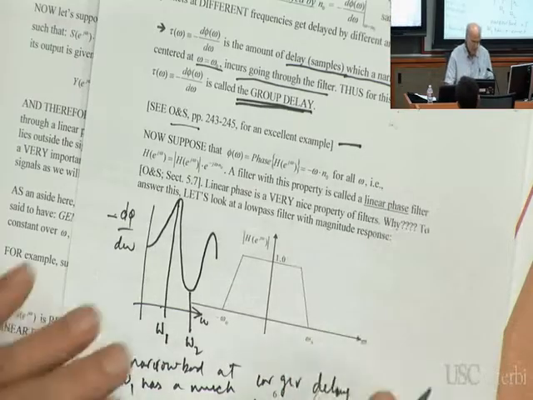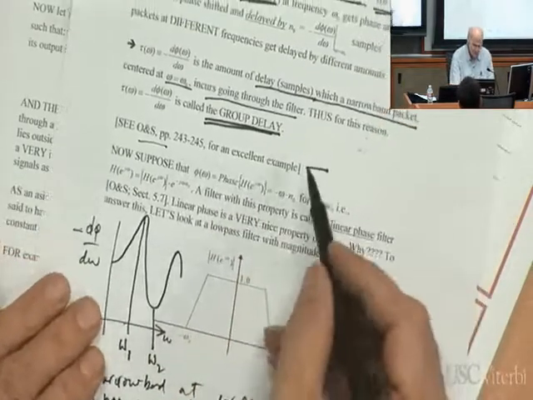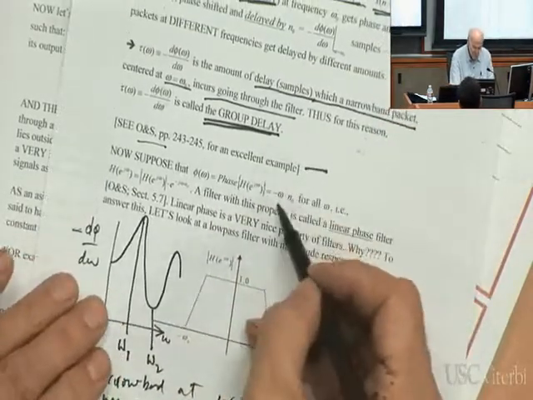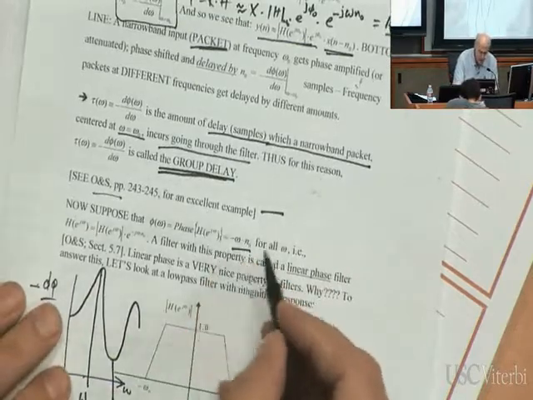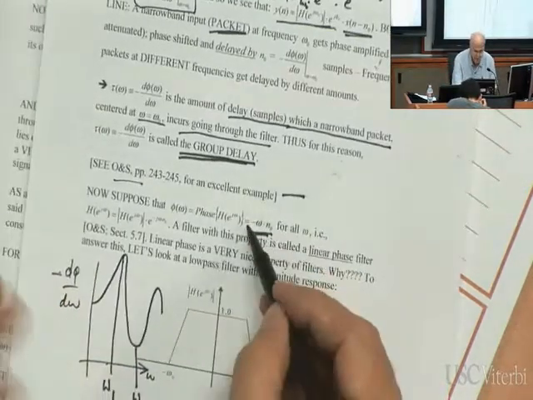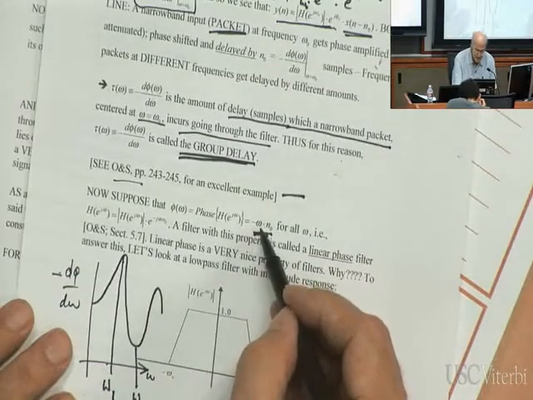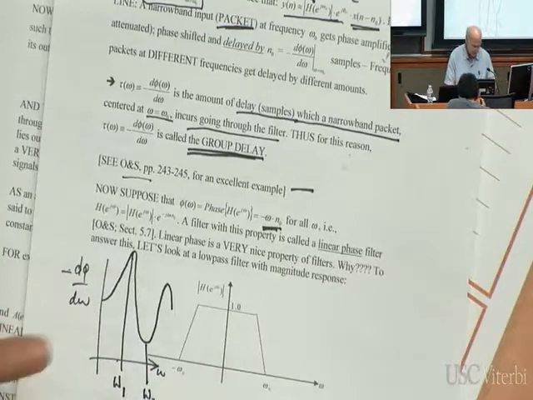Now, before I finish that up, suppose that phi of omega, which is equal to the phase, is linear. Before, we said that the derivative of the phase evaluated at omega naught is the group delay at that packet. But suppose the filter H of e to the j omega had phase as a function of frequency equal to minus omega n naught for all omega.